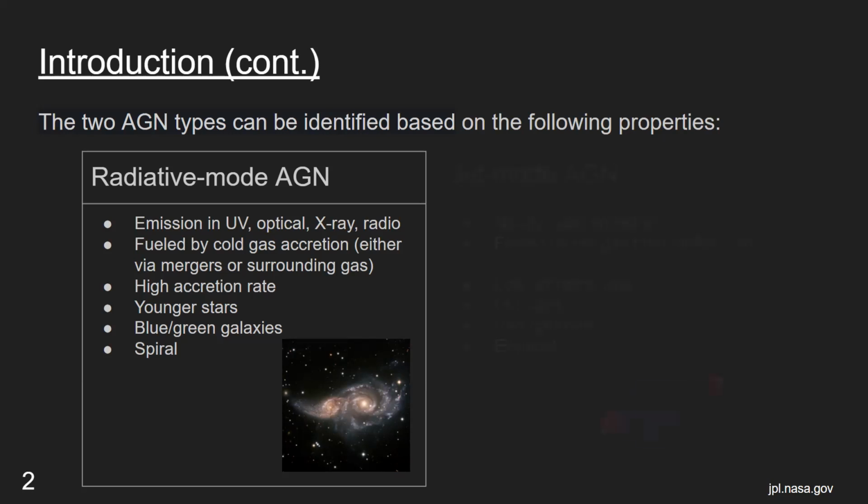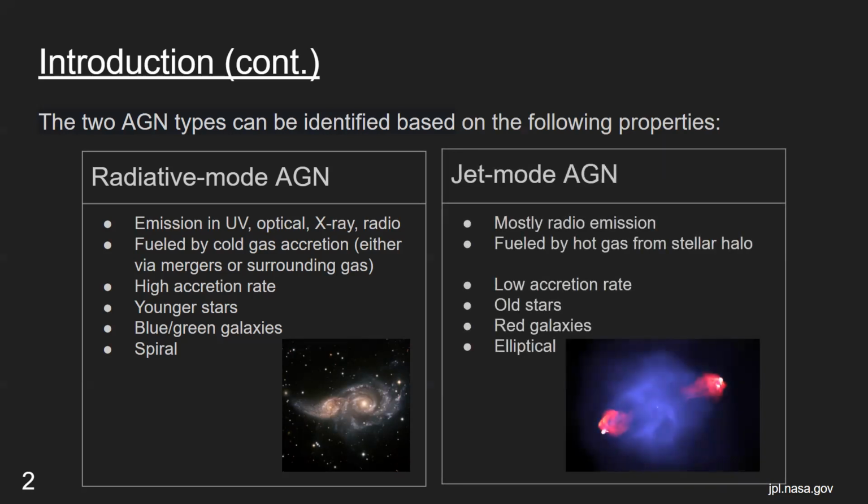But recently it's been discovered that we can have active galactic nuclei within more elliptical, older galaxies, and we call these jet mode AGN because they typically have really powerful radio jets that emit out of both sides of the poles. So these are mostly radio emissions. They're fueled by hot gas from the stellar halo surrounding the galaxy.